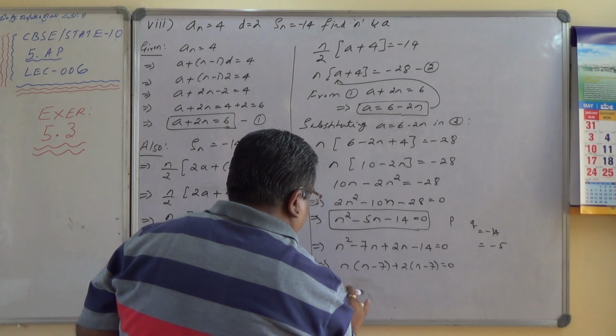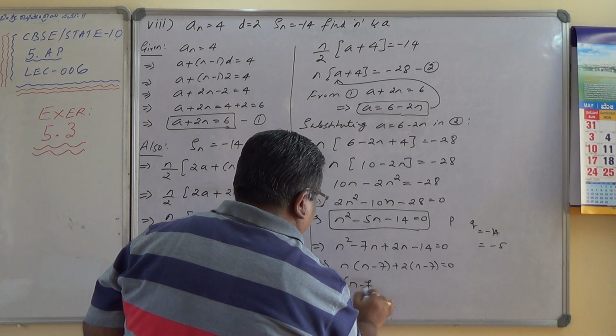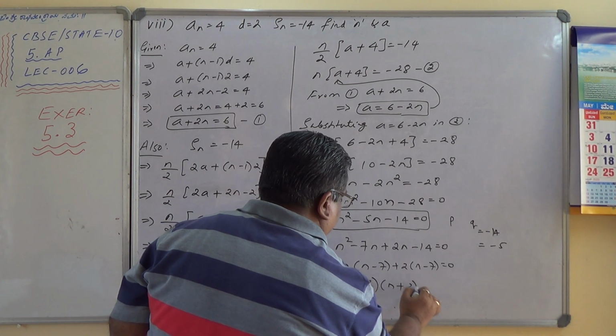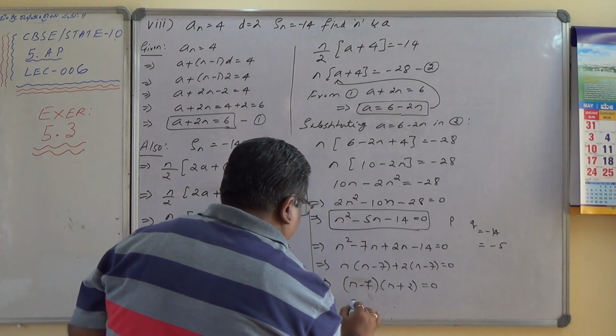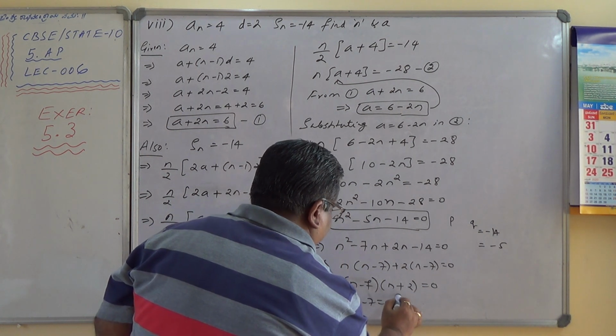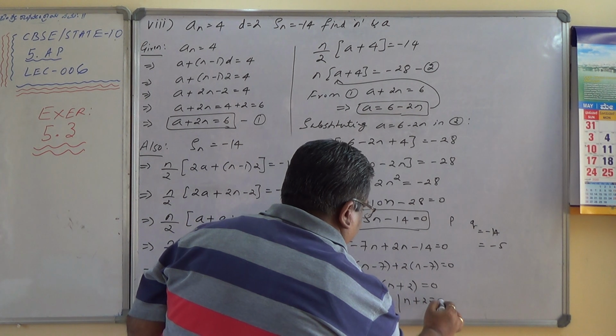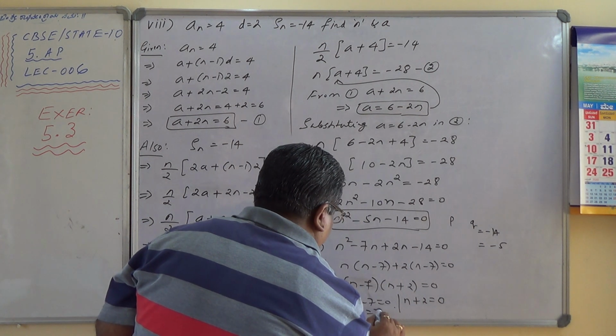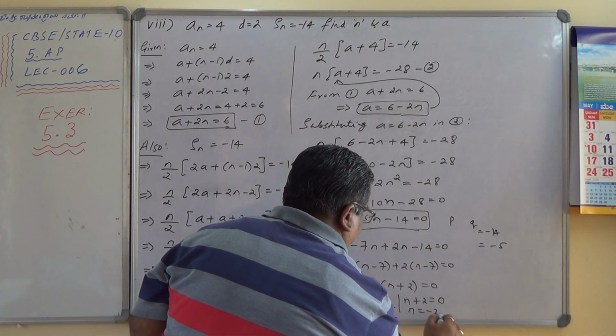Here n minus 7 equals 0, n plus 2 equals 0, n equals 7, n equals minus 2.